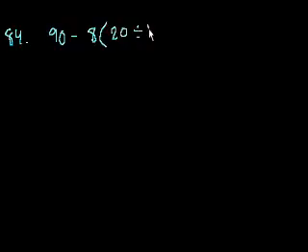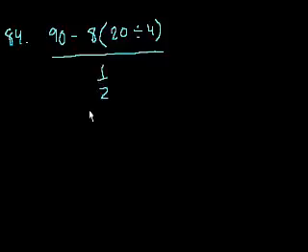Next question, 84. 90 minus 8 times 20, I'll write it the way they did, 20 divided by 4. All of that over 1/2. This is just a fast simplification problem. That becomes 90 minus, what's 20 divided by 4? 20 divided by 4 is 5. 5 times 8 is 40.